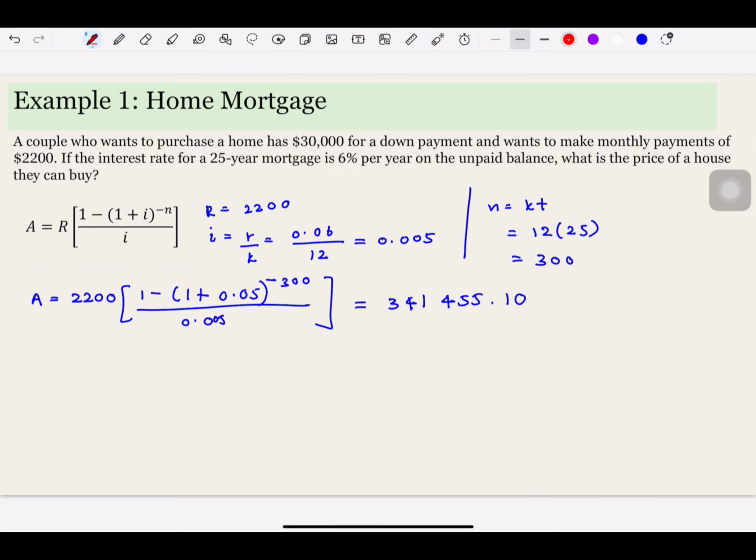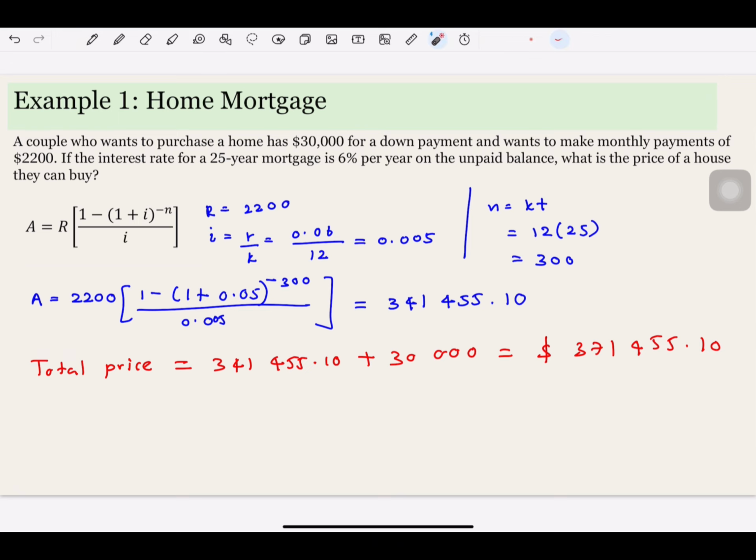So the total price is going to be this number added to $30,000, which sums up to $371,455.10. So in conclusion, with their budget and the down payment, the couple can afford a home valued at this amount.